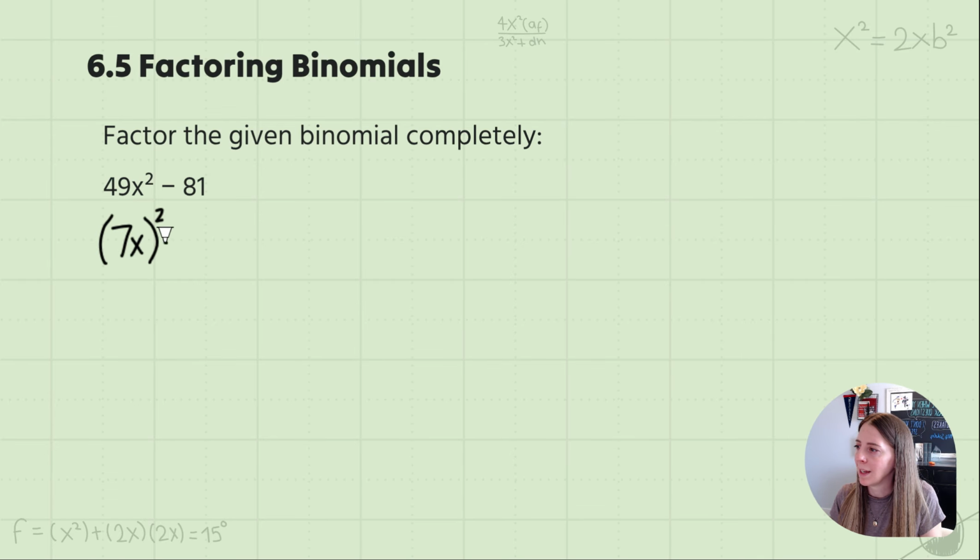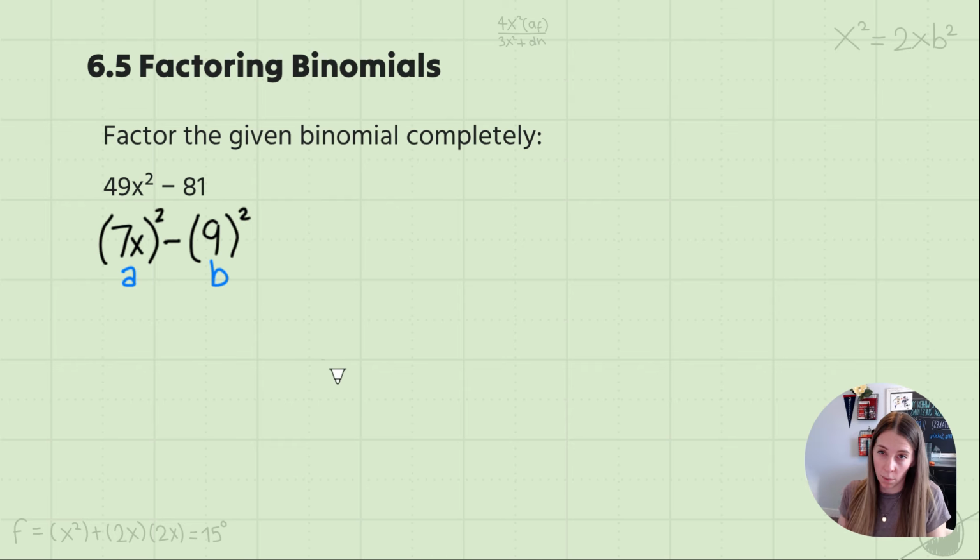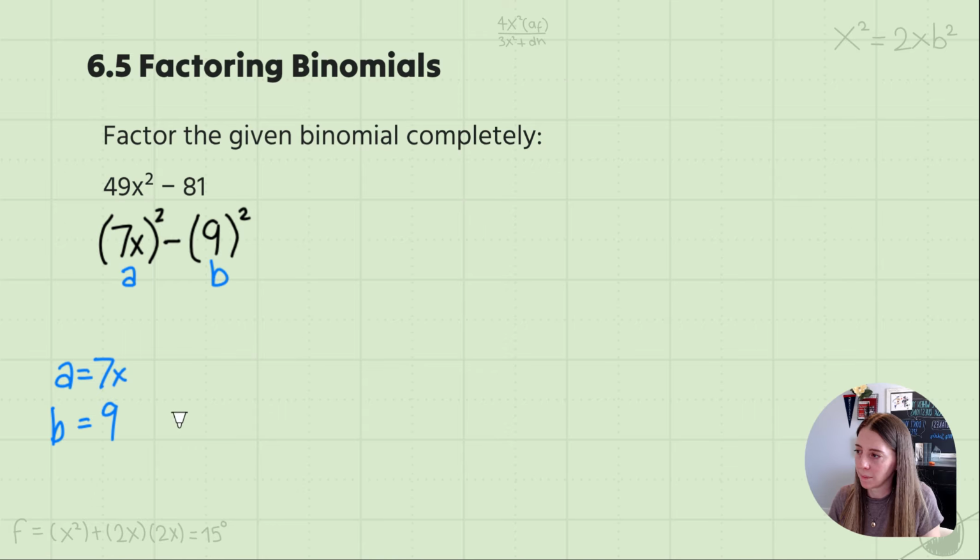And then the 81 can be rewritten as 9 to the second power, or 9 squared. When I rewrite it like this, it tells me what my A term and my B term are for my formula. So I'm going to write these down. A is 7x and B is 9.